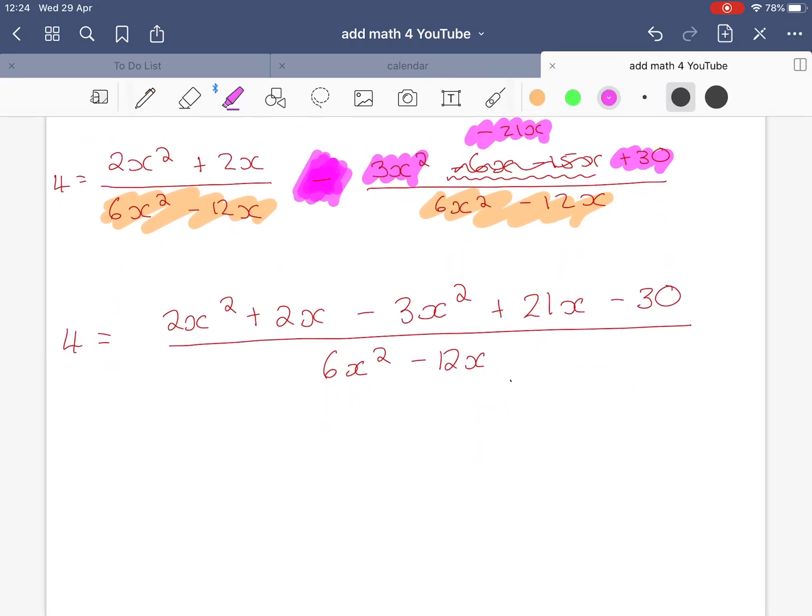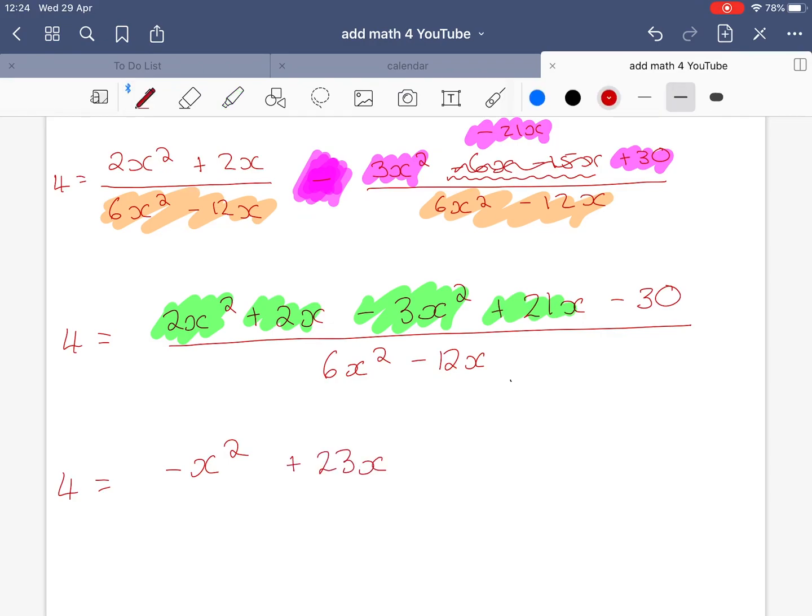I'm just going to simplify now. So I've got, I'm using another highlighter, 2x squared minus 3x squared, that's going to be minus x squared, still 4 equals. Then we've got positive 2 plus 21, so that's plus 23x.